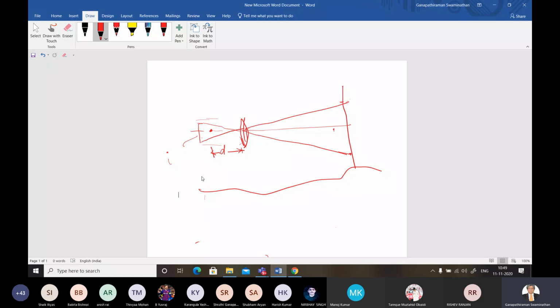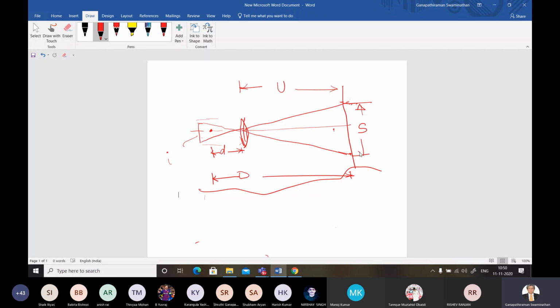So the horizontal distance is from that point to the center of the instrument. I make use of the principle of optics, U and V. This is the staff intercept.